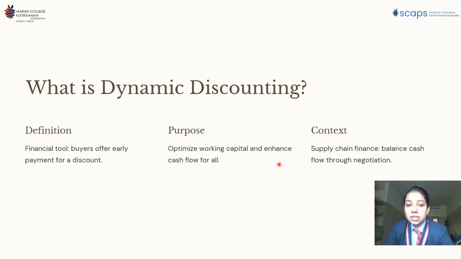Let's get into the next slide. We have already discussed the definition. It is a financial tool, and its purpose is to help in managing the working capital and immediate cash needs, and it also enhances the overall cash flow for both buyers and sellers.